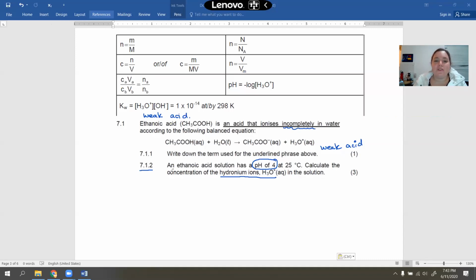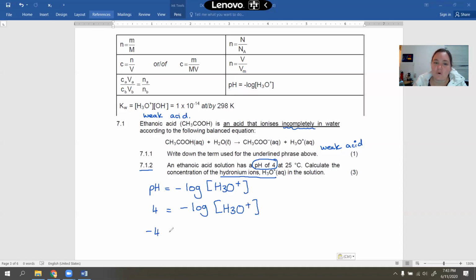All right. So I'm going to work here, and I'm going to say, well, pH is equal to negative log concentration of H3O plus. I then plug in that 4 is my pH, is negative log of concentration of H3O plus. So the first thing I do is move the negative across.